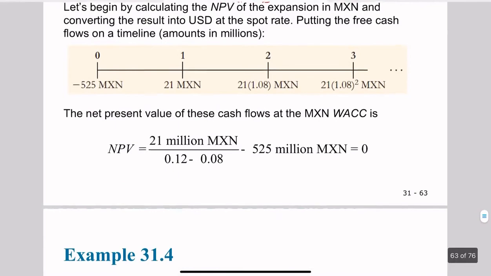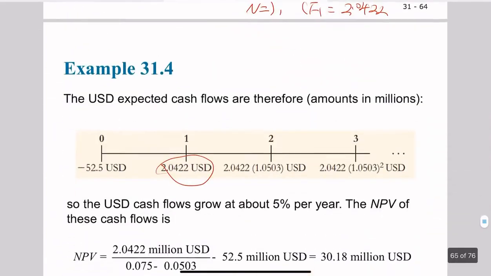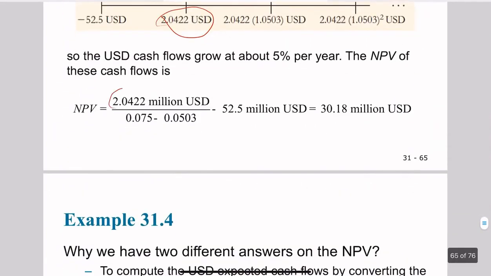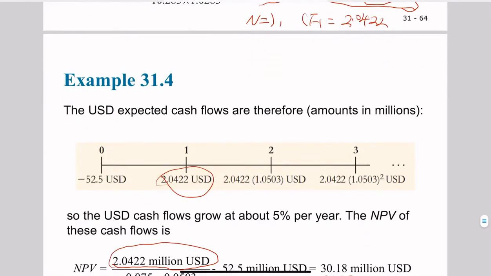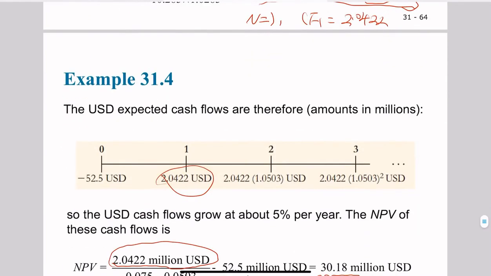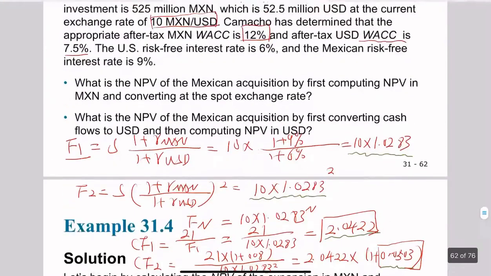So if you do the valuation, this is the first year cash flow in USD, and this is the cost of capital in the US, and this is the growth rate, and this is the cost of the project, and then you will get 30.18 million US dollars.